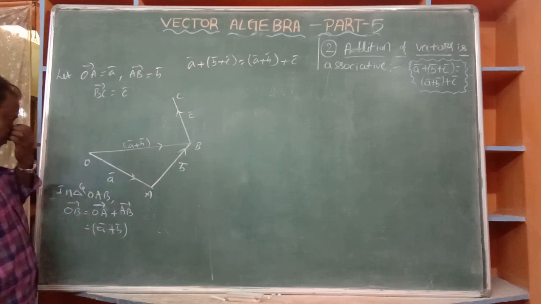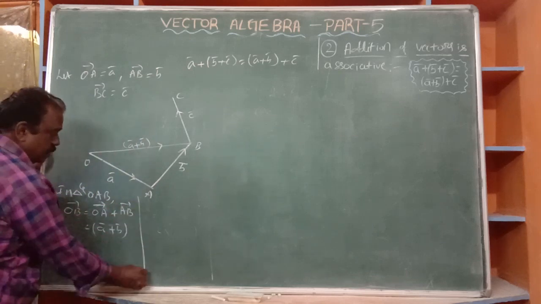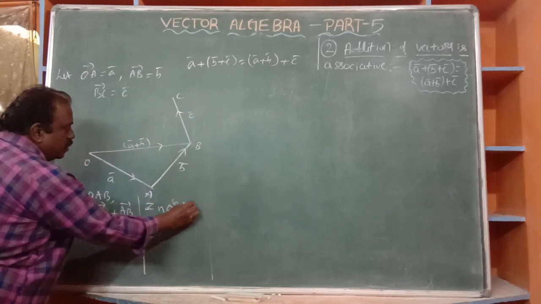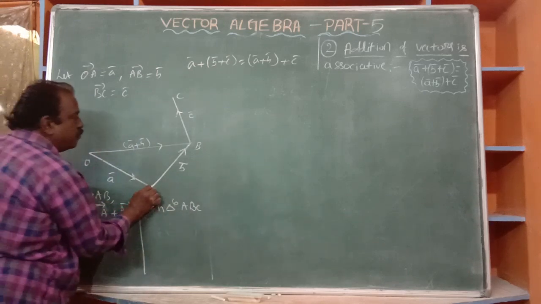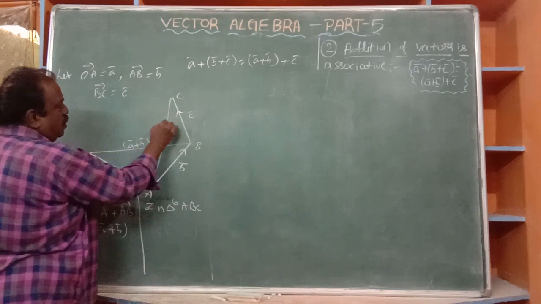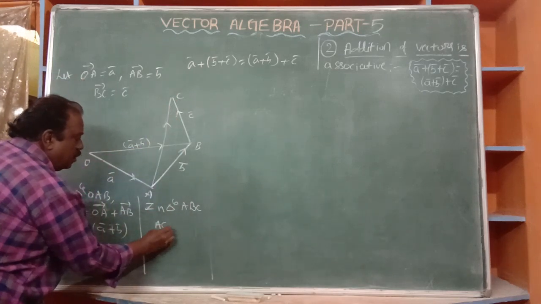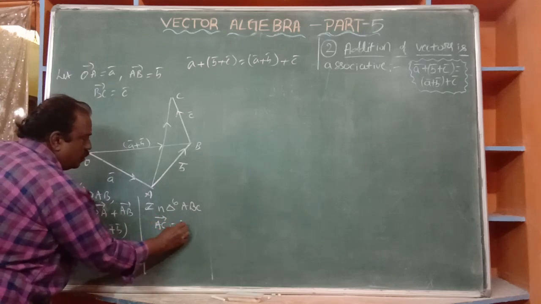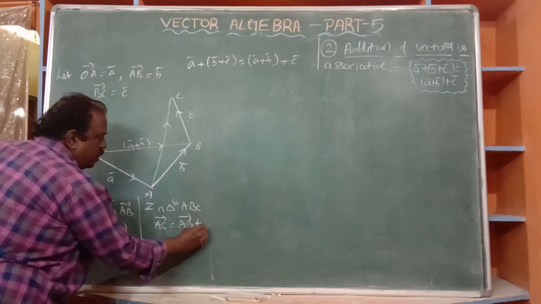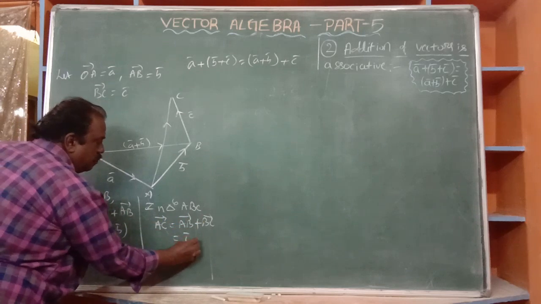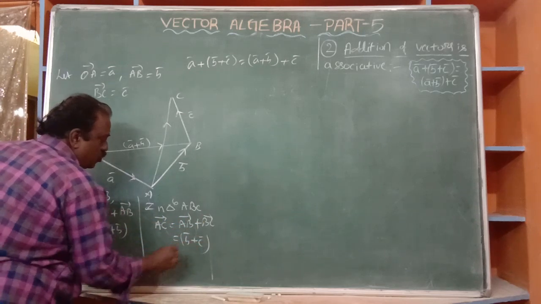Again in triangle ABC, AC bar is equal to AB bar plus BC bar, that is B bar plus C bar.